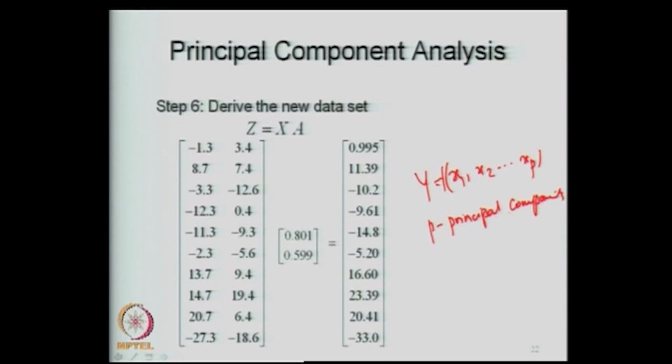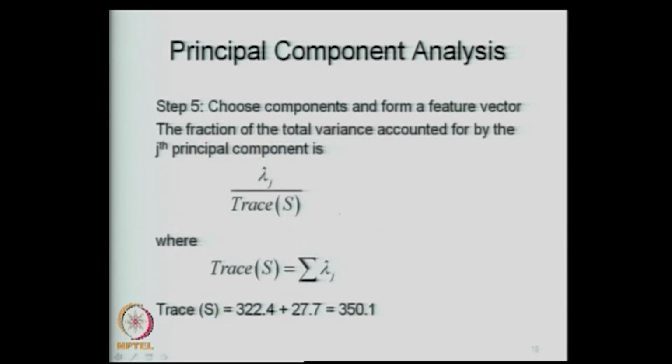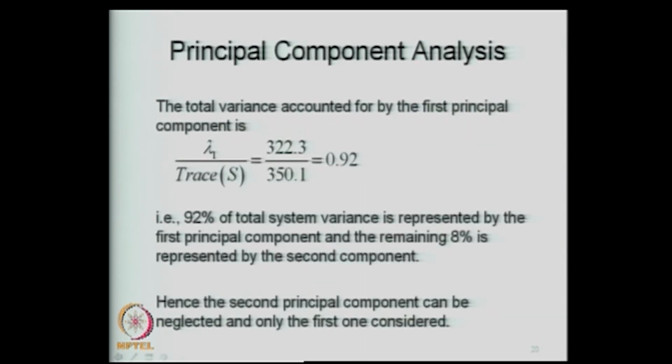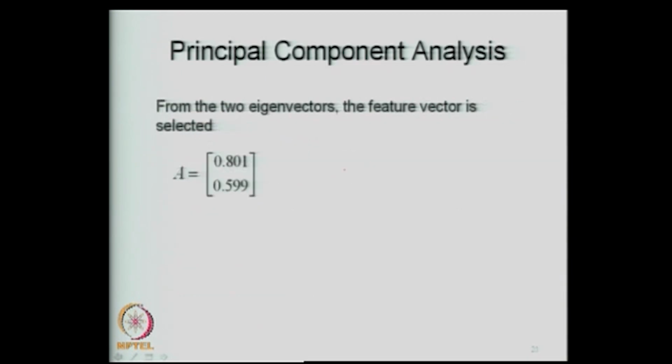And for each of these p principal components, the contribution to the variance in y, or the variance in this particular data set, can be obtained like we did in the example here. We got 92%. So, for each of the principal components you can obtain the contribution to the variance.